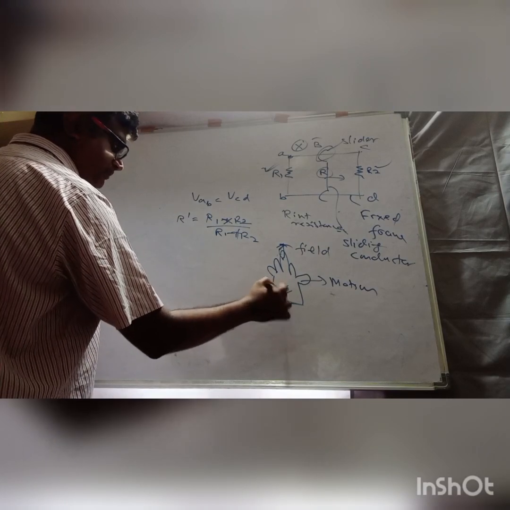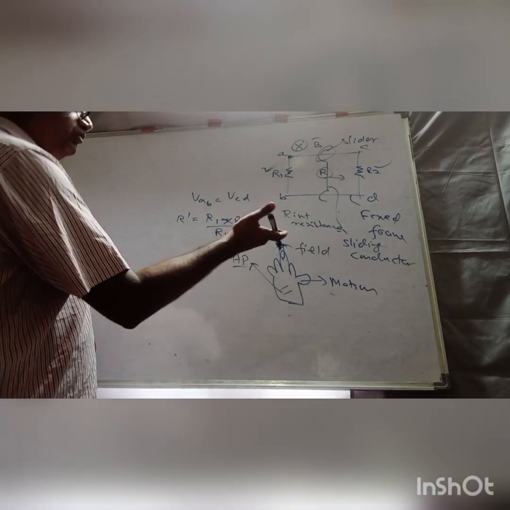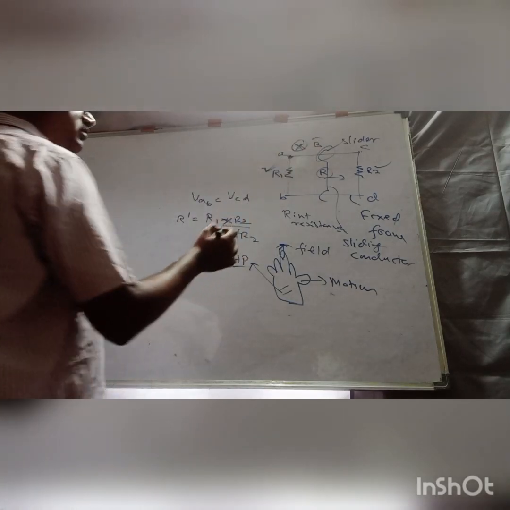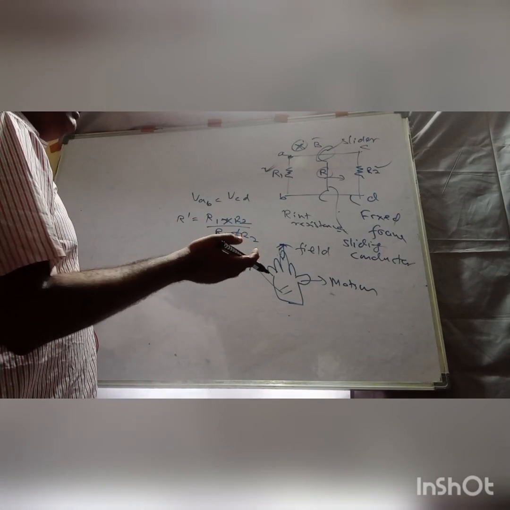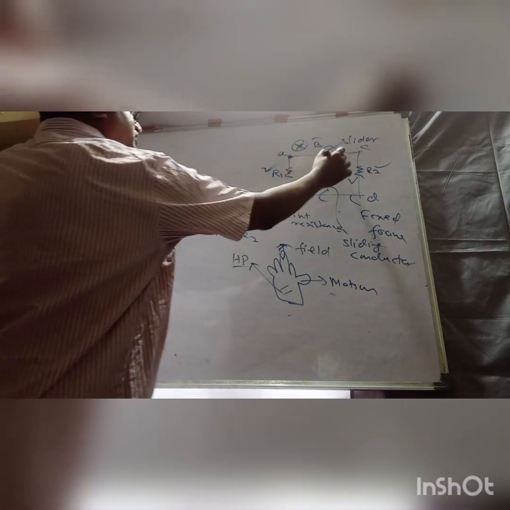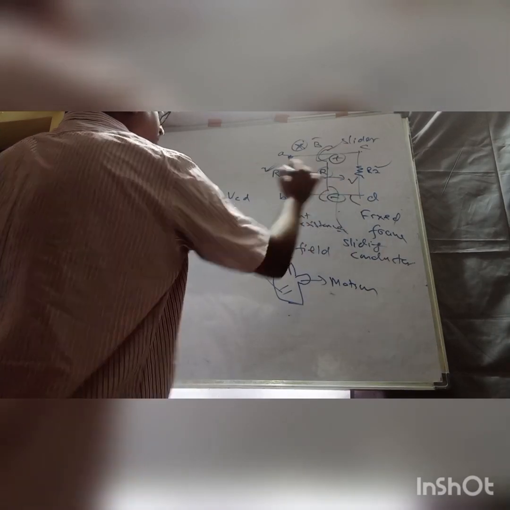The white portion of the palm, the upside part, will indicate the high potential part. This is into the board, so the tip of my fingers will point towards the field, and my thumb will point towards the motion. So the high potential point will be the upside, because the white portion of the palm is on the upper side. So this is plus and this is minus.